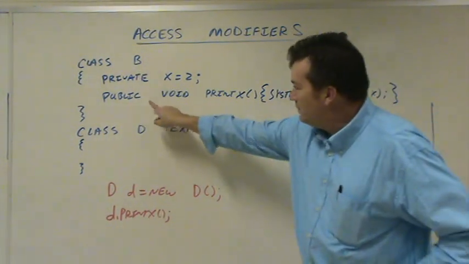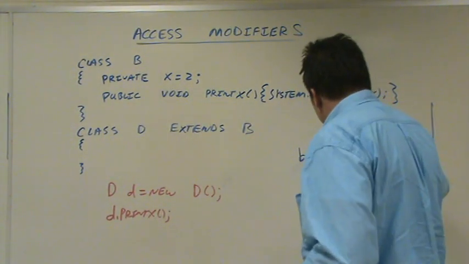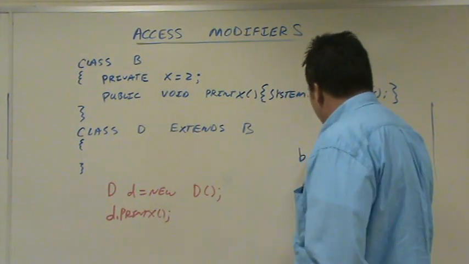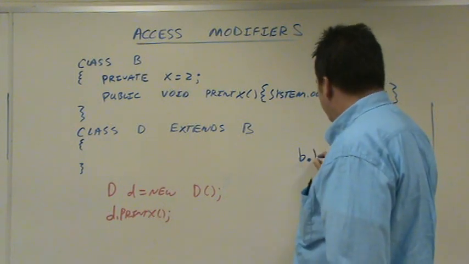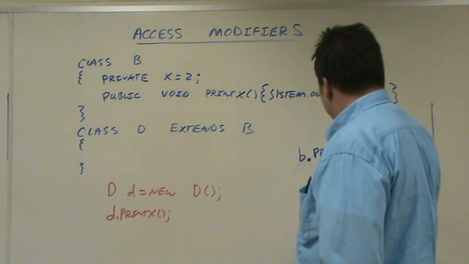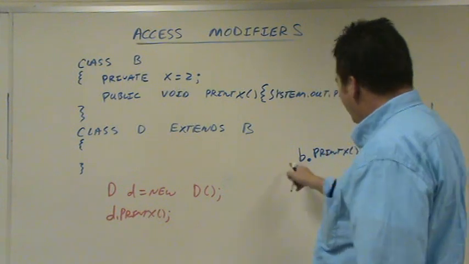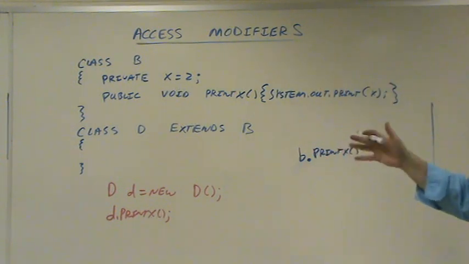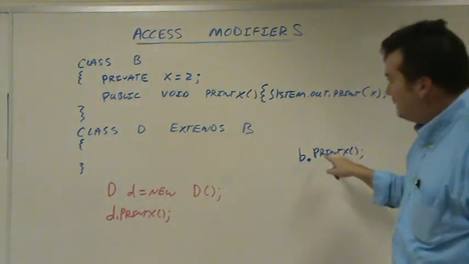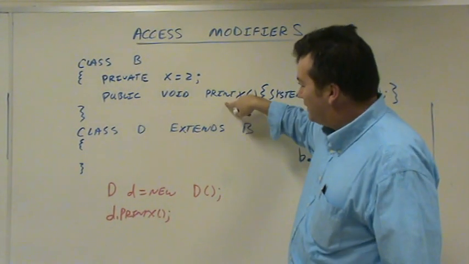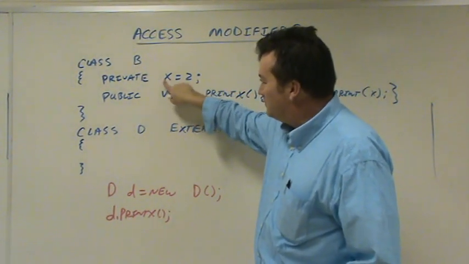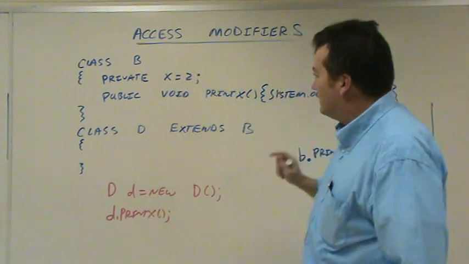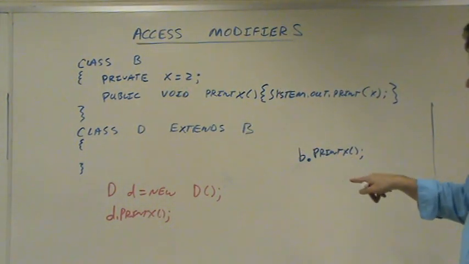But you can call the method print X, and that'll print out a 2, because that method's public. The method, because it's inside the class, has access to this field X. The method does, but you don't.